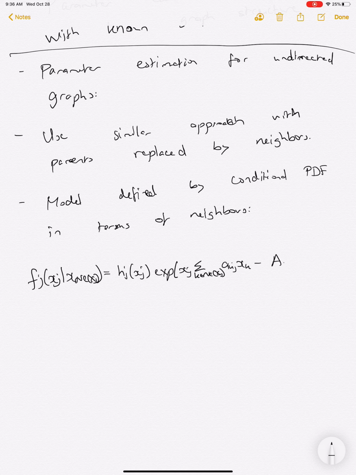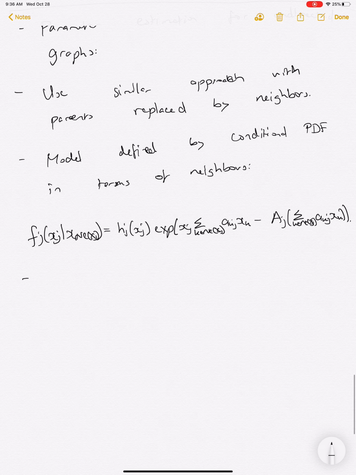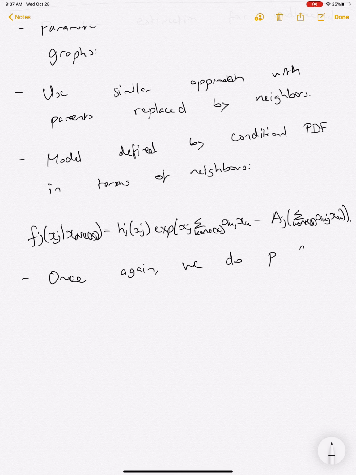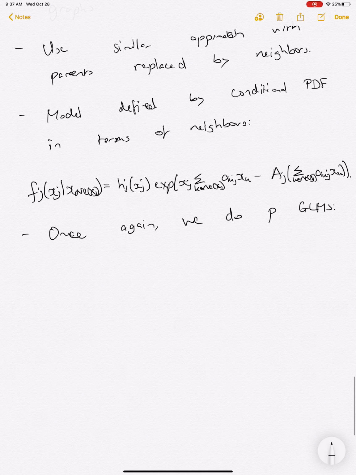And minus aj. Okay, and so once again, we do PGLMs with xj as response and neighborhood of xj as covariates.